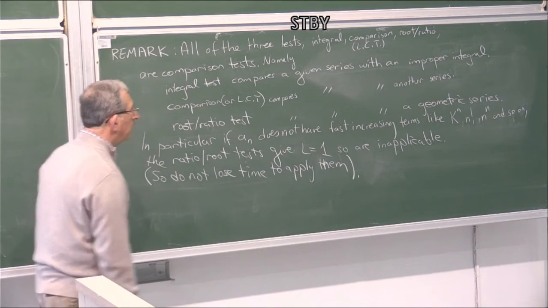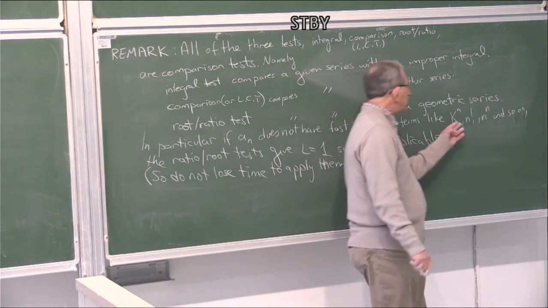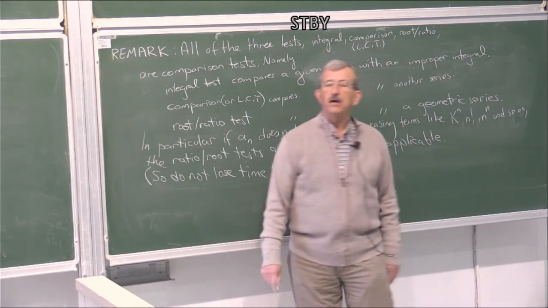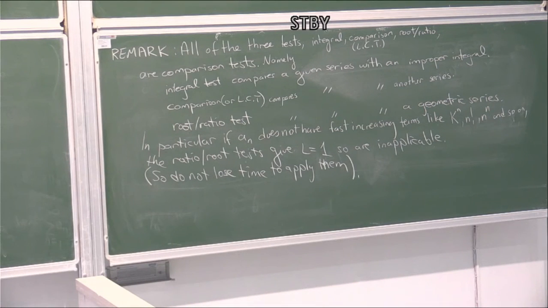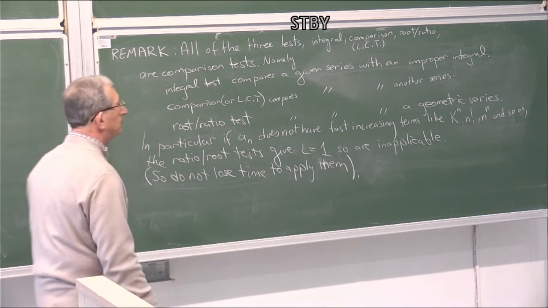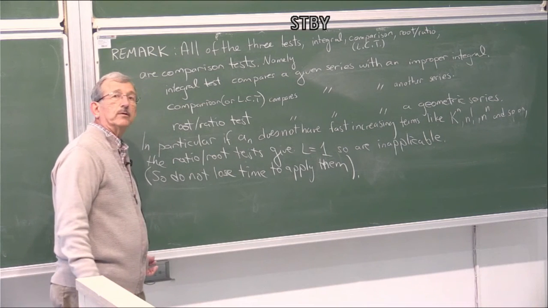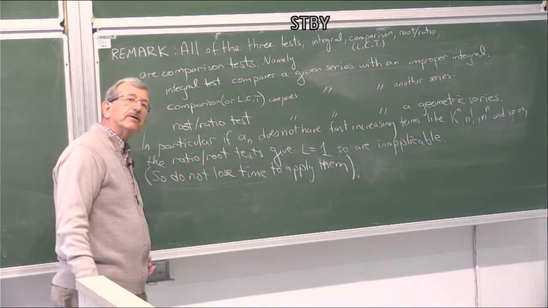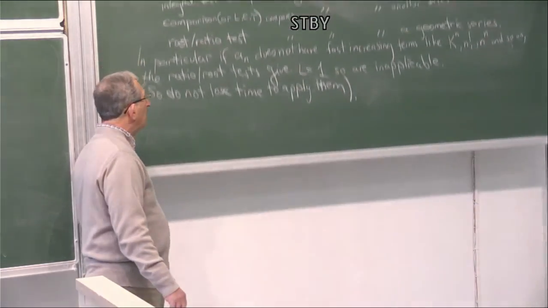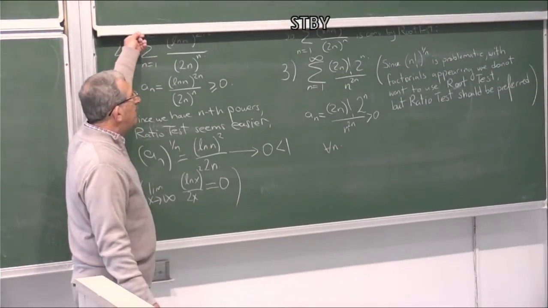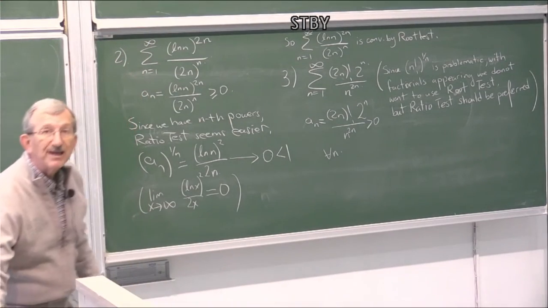Again, if you don't have such fast increasing terms in a_n, the root and ratio tests are not useful. They would give L equal to 1 because they compare it with a geometric series. Let me give you a particular example which will explain this view.